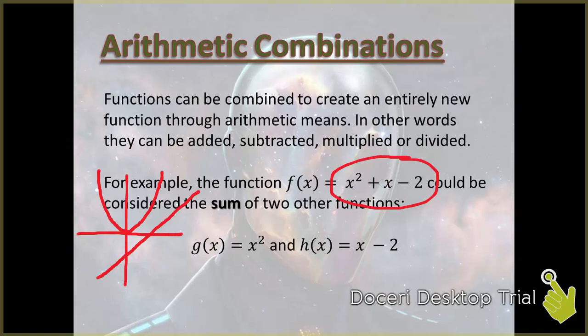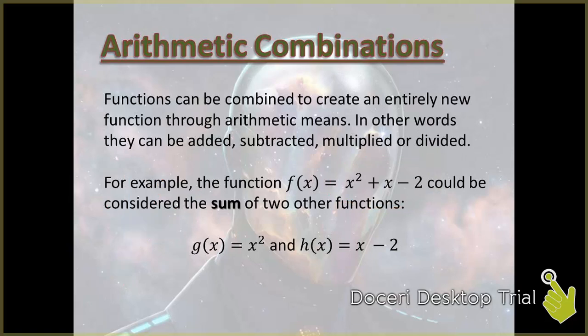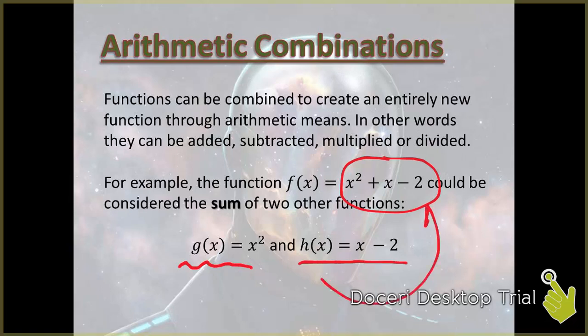So that's something that you probably had not thought of before, but that's what we're dealing with when you do arithmetic combinations of functions. What we're going to do though is not start off with this function here. We're going to be starting off with g of x and h of x and coming up with some type of arithmetic combination to give us a final function.